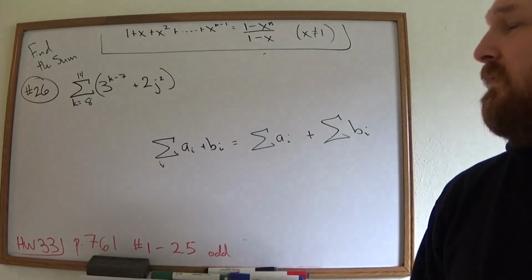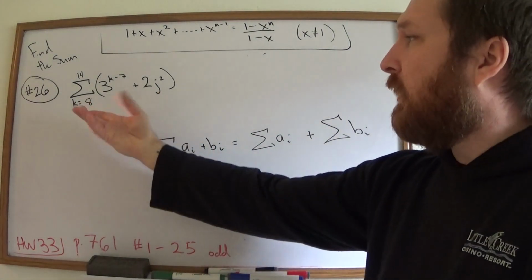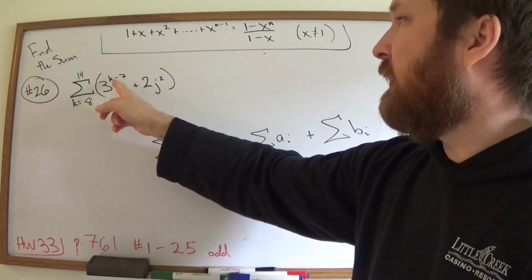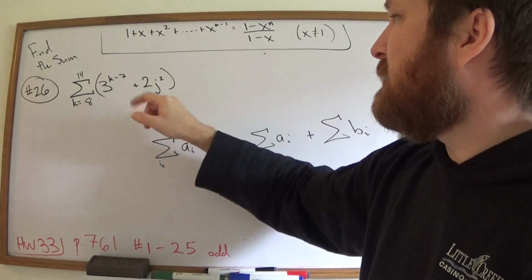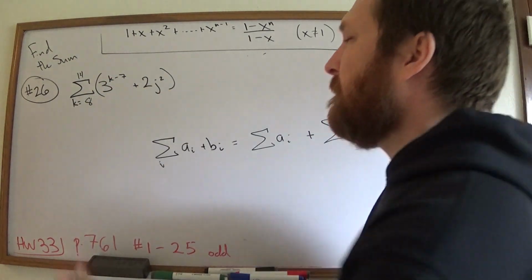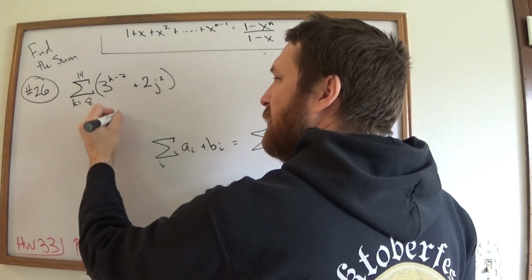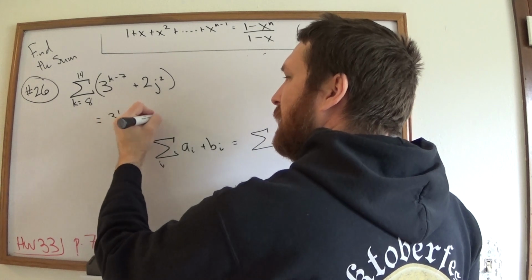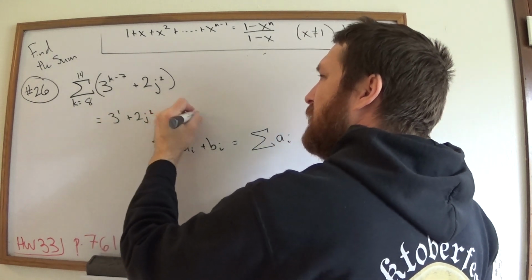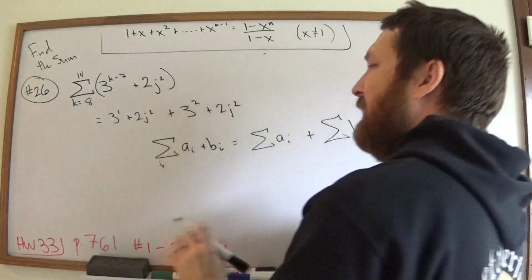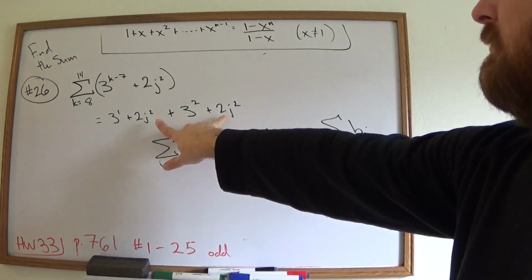It might make your life easier, as opposed to, well, I'm going to plug in a k into here, and then I'm going to plug in another, and so on, until, and if you wrote that out like this, so when it's 8, it's 3 to the 1 plus 2j squared. And then you go, okay, now it's 3 to the 2 plus 2j squared. Now this thing is messing up your life, right?